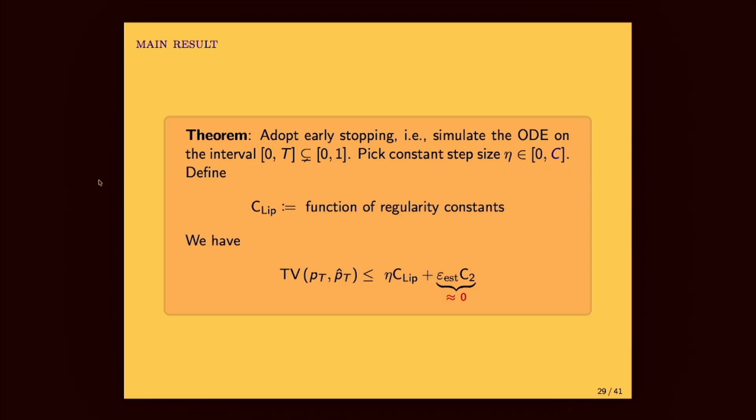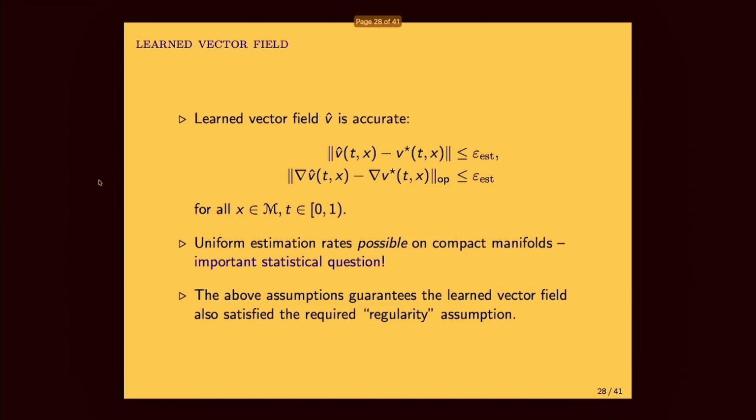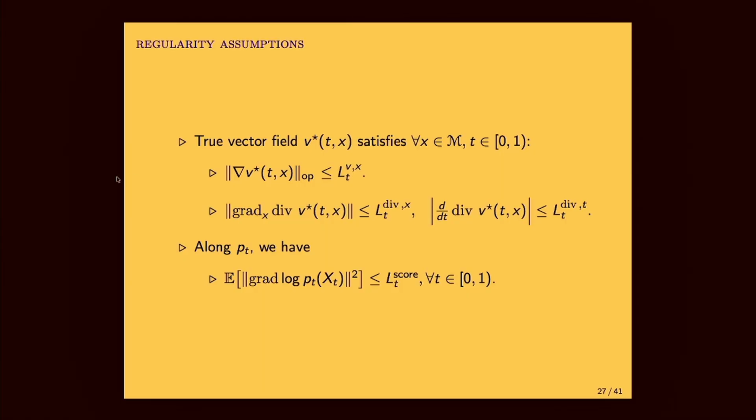With this, the first result we can provide is the following. Suppose that we adopt the early stopping strategy that I showed before, and we simulate the ODE on the interval 0 to t. Then I pick a constant step size eta between 0 and c. Here c is another algebraic constant which depends on L_T, L_T div and all these sorts of quantities.